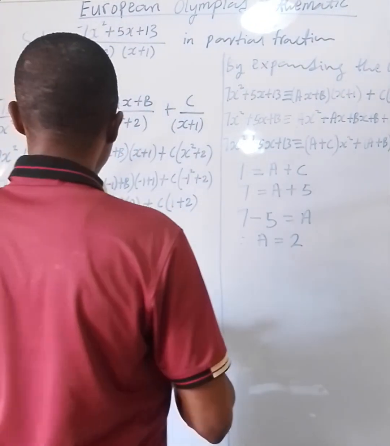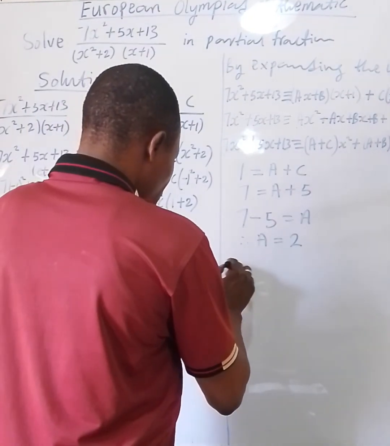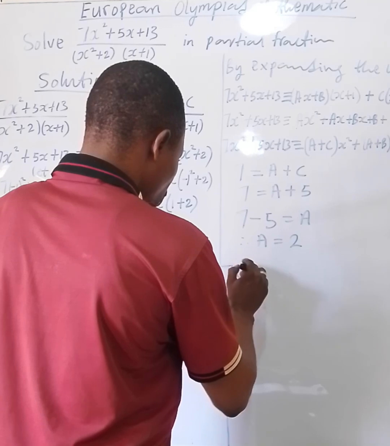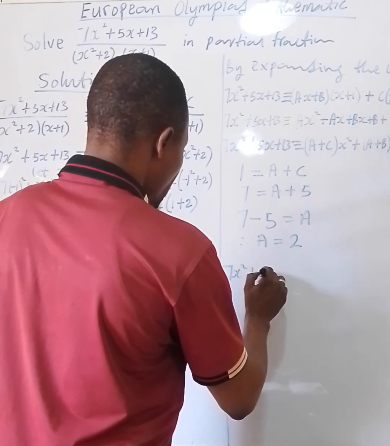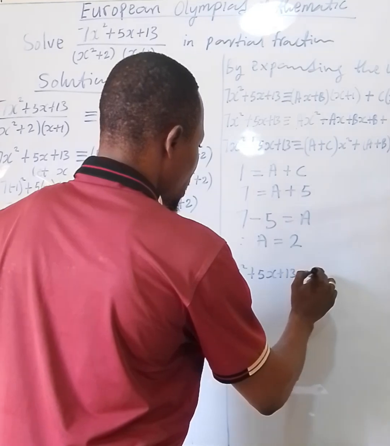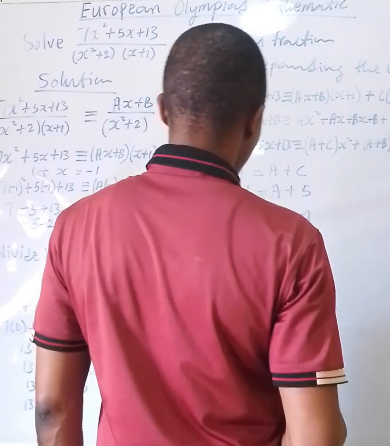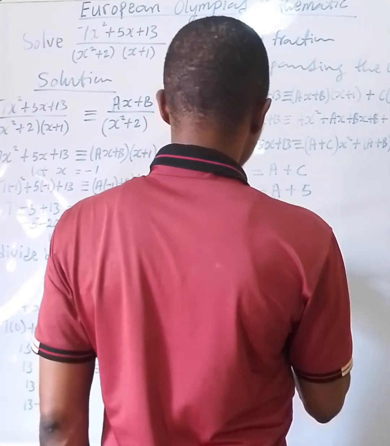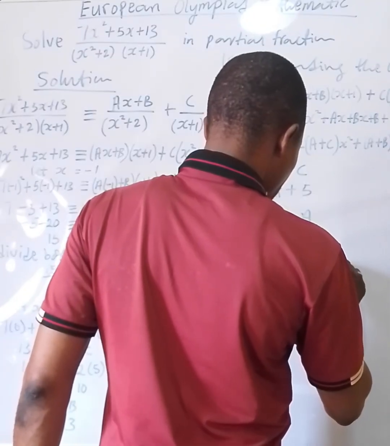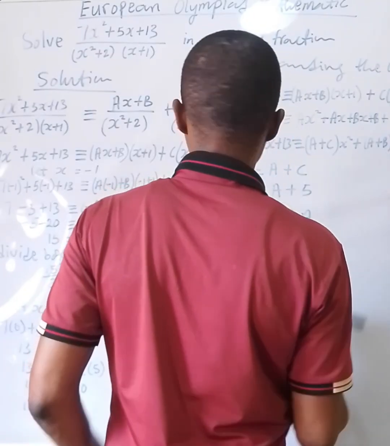So now to conclude, you write the question, which is 7x squared plus 5x plus 13 equivalent to, now the value of our a, which is 2, and you know we have x there, it will now be 2x plus our b.